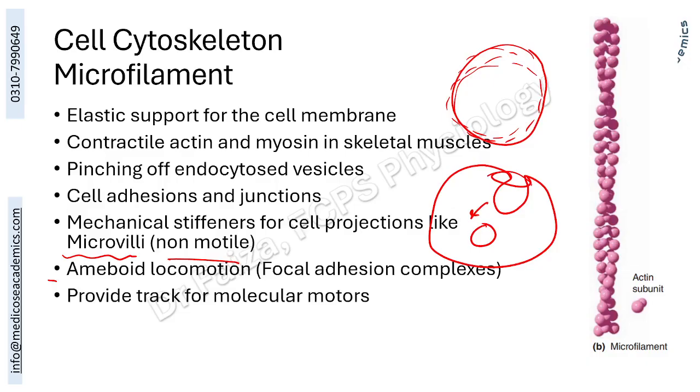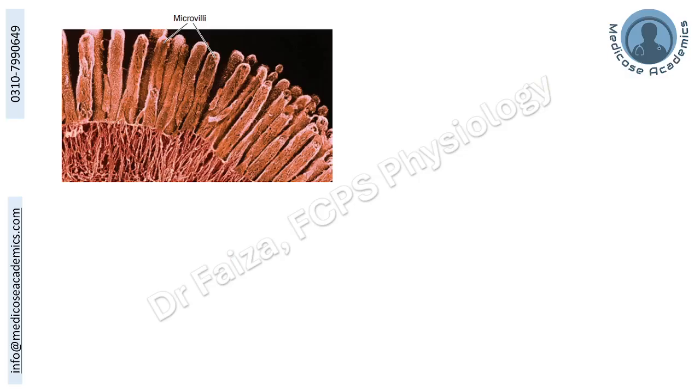These also provide a track for the movement of molecular motors that we will be discussing in the session later. These have a role to play in cytokinesis at the time of cell division. Ultimately, when the cytoplasm has to divide, this is known as cytokinesis, and actin filaments play a role over here.